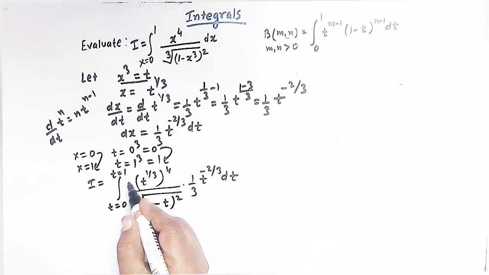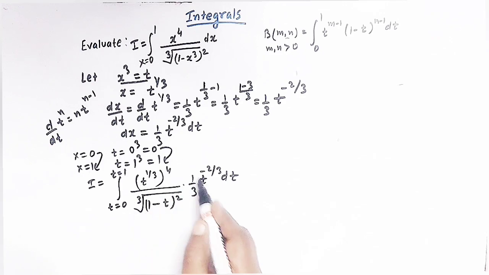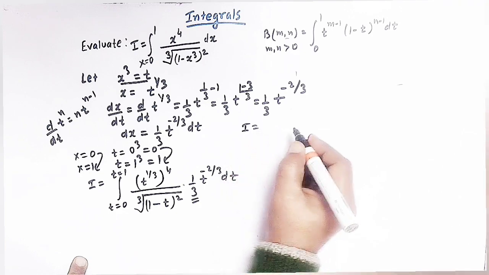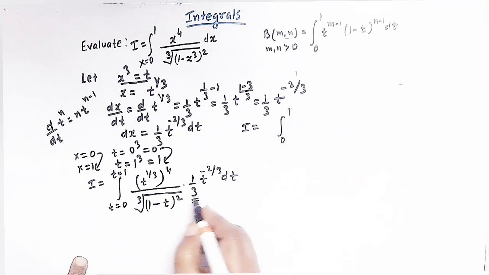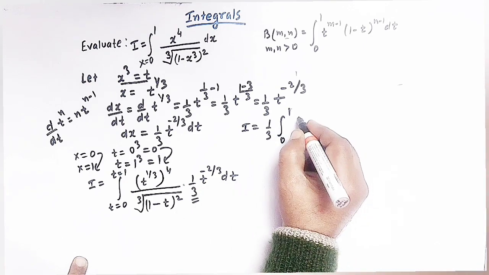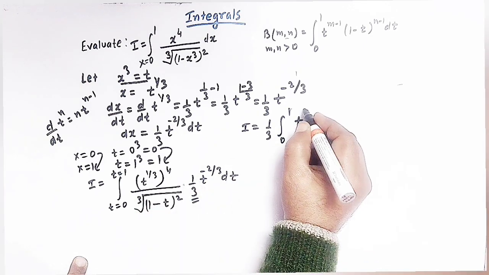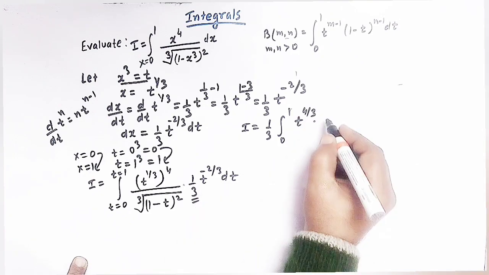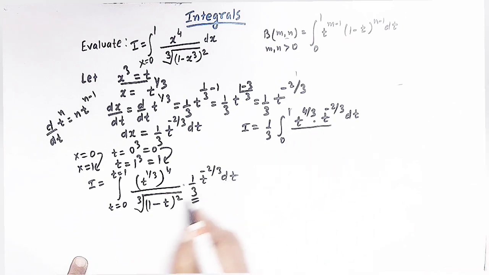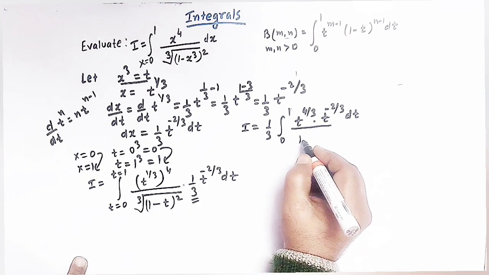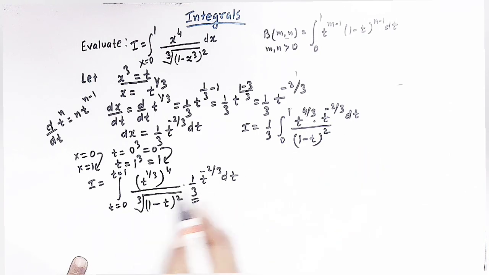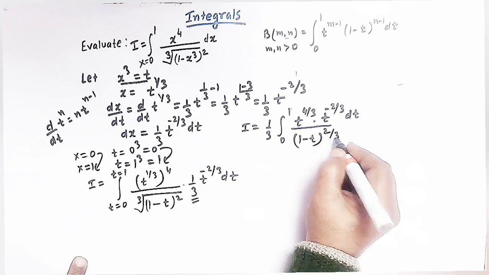So now let us simplify this integral. So now we can write this integral I as 0 to 1, and here we can take this term 1 over 3 outside the integral. Then we have t raised to 4 over 3, and t raised to minus 2 over 3 dt, and in the denominator we can write (1 minus t) squared, and here we have the cube root, so here we can write 2 over 3.